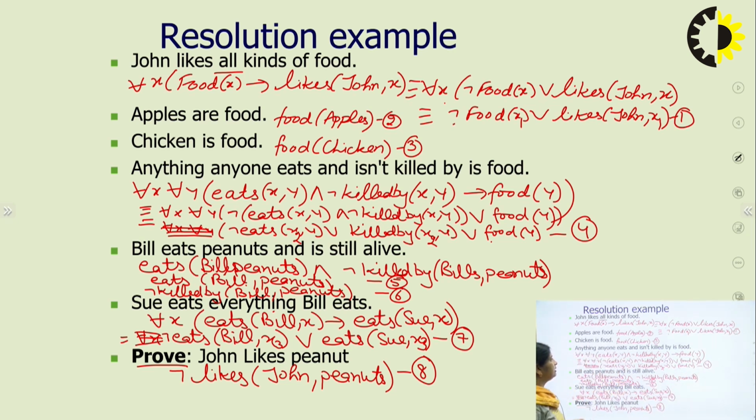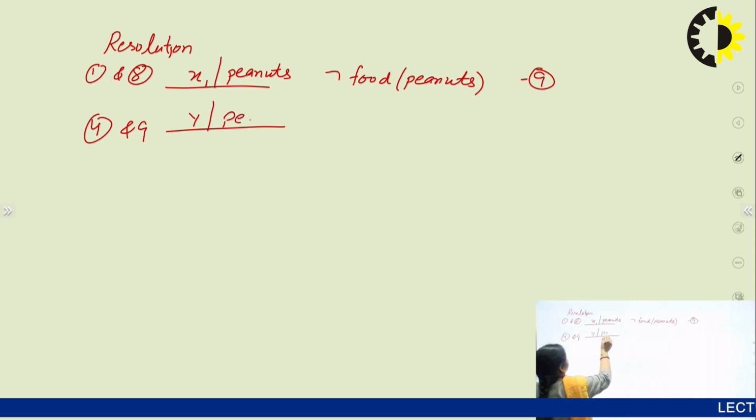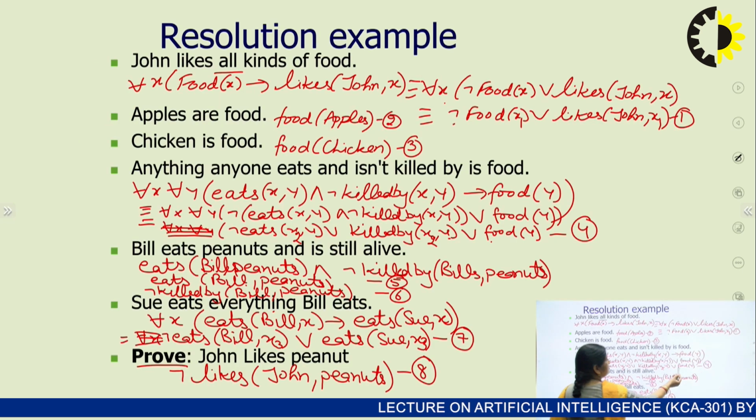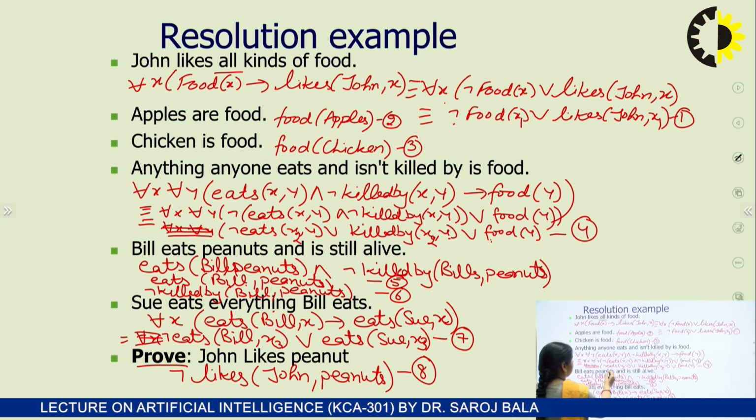So if I take 4 and 9, and Y I take as peanuts, unifying Y with peanuts, what am I getting? This term will be resolved, food Y with not of food peanuts.